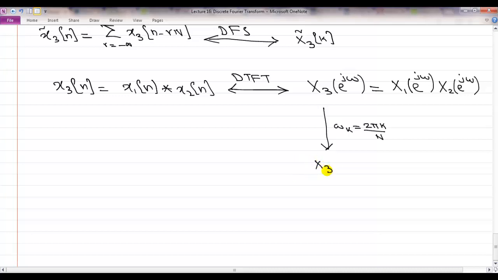We get x3 tilde of k, which is equal to x3 of e to the j 2 pi k over n, right? Which is equal to x1 e to the j 2 pi k over n multiplied by x2 e to the j 2 pi k over n.